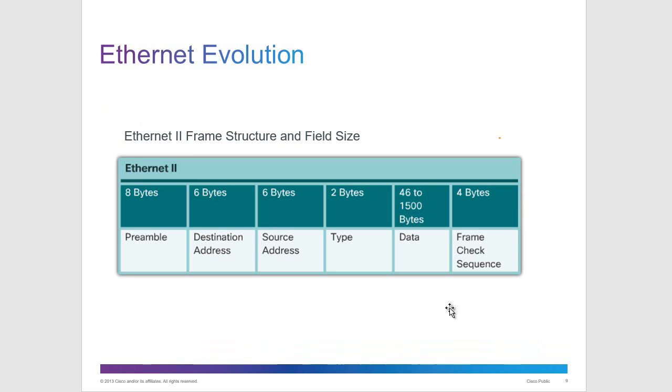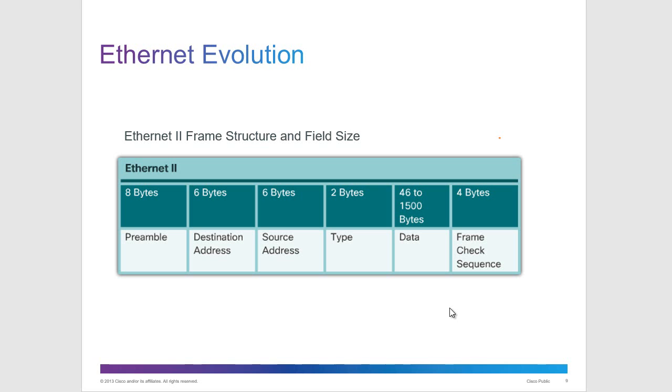Okay. The size of an Ethernet 2 frame. Okay, that's going to be important. So you've got an 8-byte preamble. Remember, there's 8 bits in a byte, so that's an 8-byte preamble, not an 8-bit preamble. You've got a 6-byte destination address, 6-byte source address.